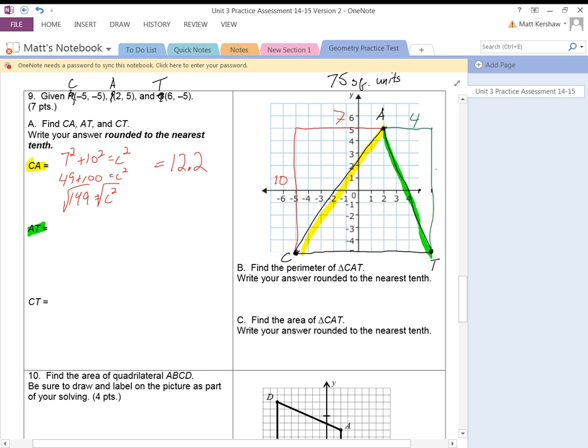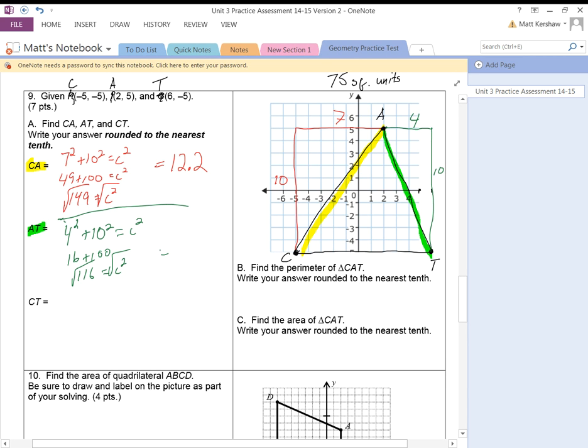And this is also 10. So plug it into our Pythagorean theorem. This gives us 4 squared plus 10 squared equals c squared. So 16 plus 100 is 116. Square root both sides.